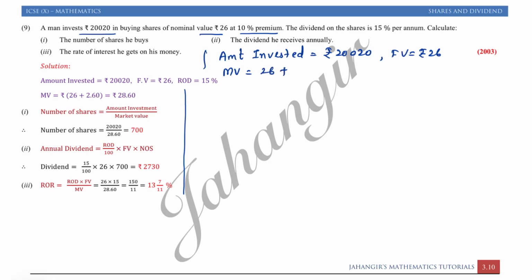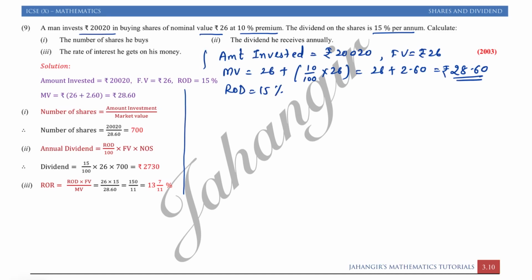So 26 plus 10% of 26, that is 26 plus 2.60. We can add, you will get 28.60 as the market value. The rate of dividend is given as 15%.